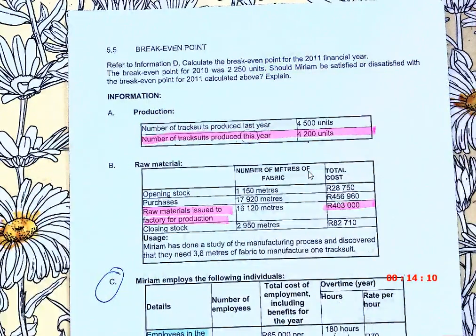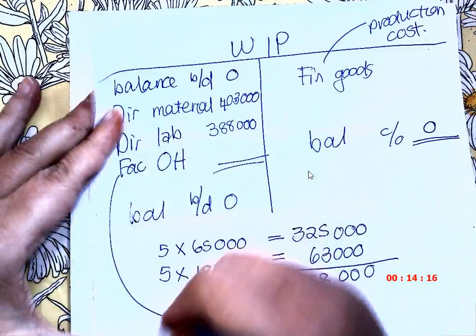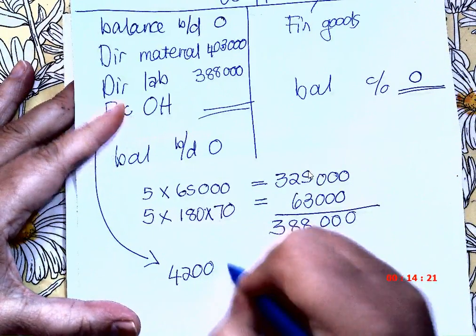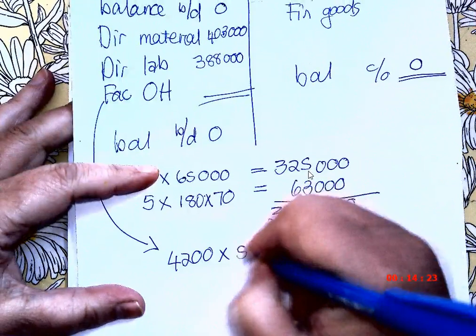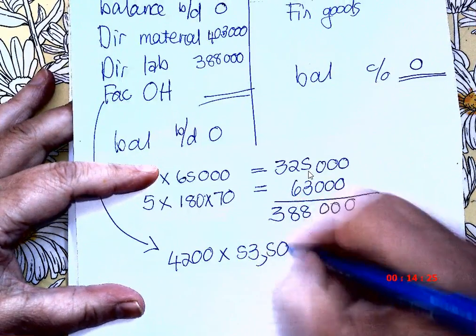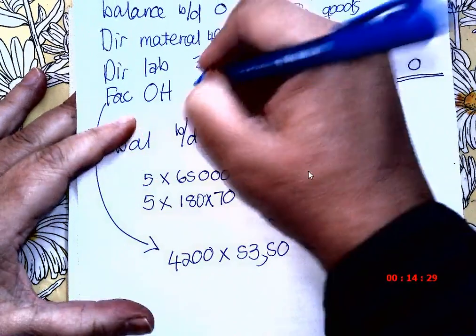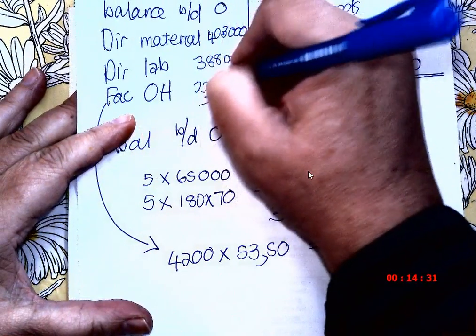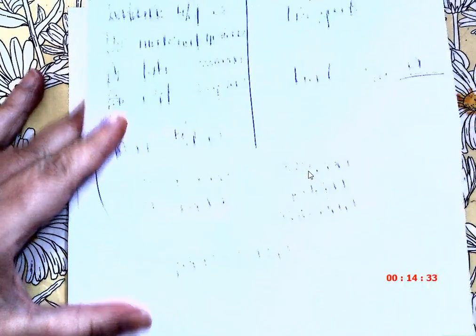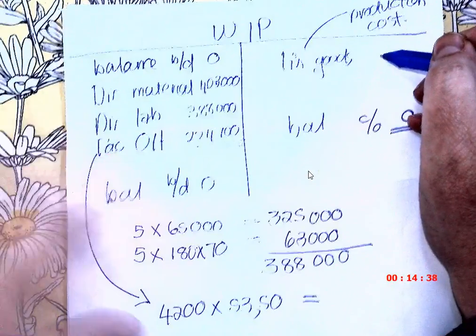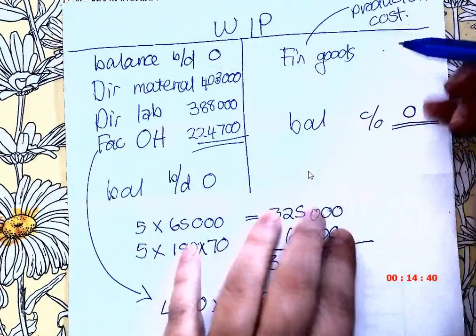So, in other words, my factory overheads is going to be 4,200 units times that 53.50 price per unit. And that gives me what? 224,700. Okay, and now if I add them together, what's the price for the final goods?